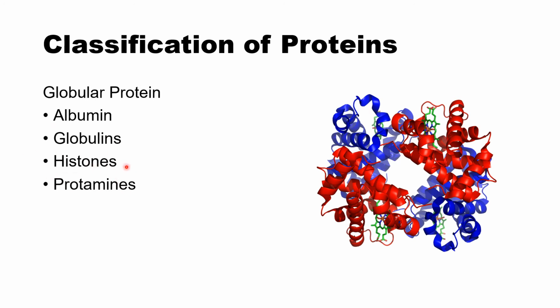Protamines are basic proteins that are associated with nucleic acid and are found in large quantities in the germ cells of vertebrates. Protamines are rich in arginine. Those are some examples of globular protein.